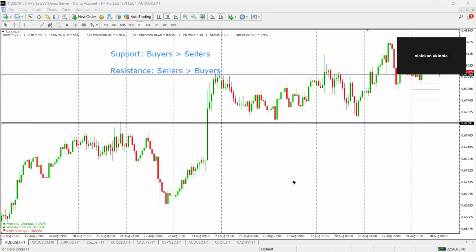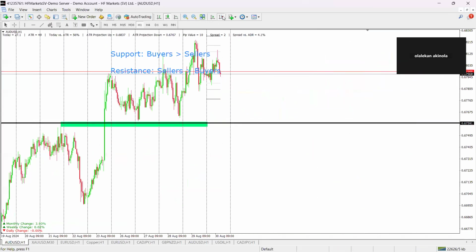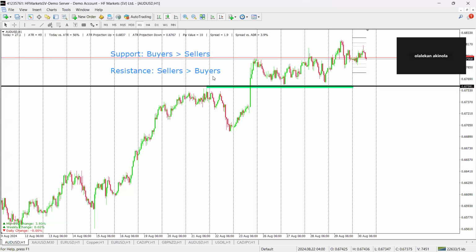So when you look at this really significant break above 0.6760 on AUD/USD at this point, you'd see that for a while, price had been rising, but then it had been struggling at this point.